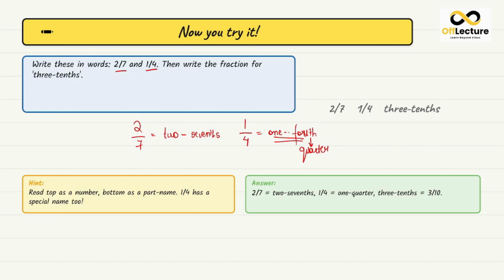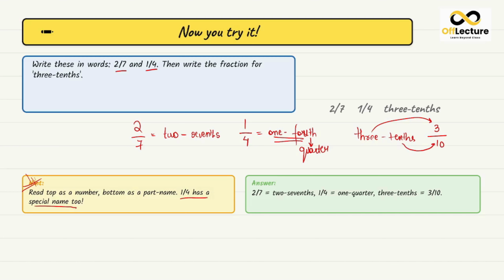And 3 tenths means 3 is the numerator and tenth means denominator. So in fraction, it will be 3 over 10. The hint to remember is that 1 by 4 has a special name too, which is 1 quarter.